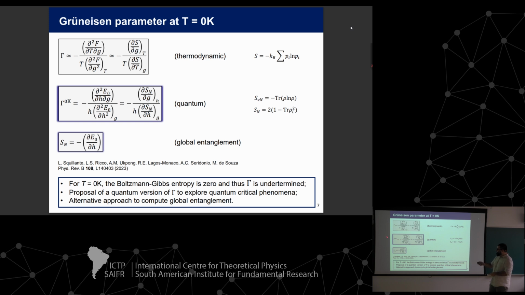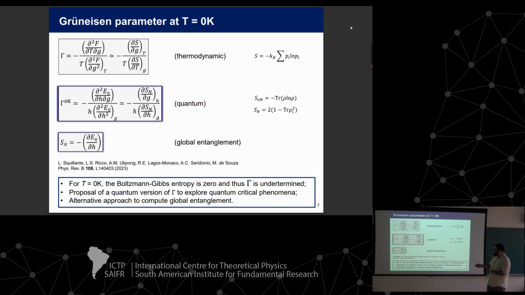So the Grüneisen parameter at 0K, instead of quantifying the thermodynamic entropy, now quantifies, in this particular case, the global entanglement entropy. So we can think that the thermodynamic entropy is 0 at T equals 0, but the von Neumann entropy is not 0, because you have a pure state, so to say, at 0 Kelvin.